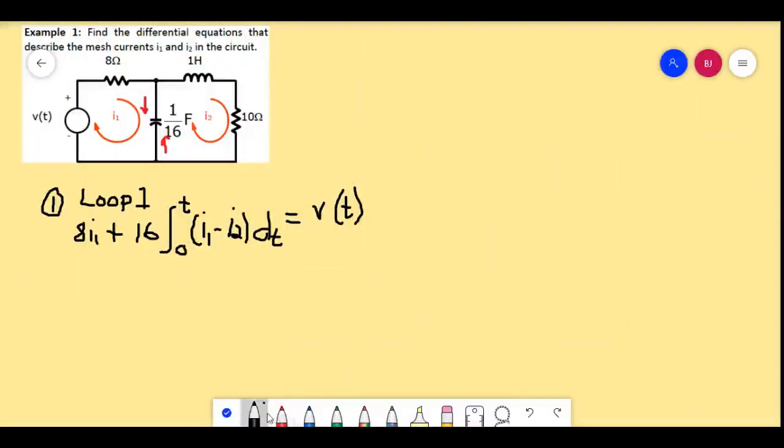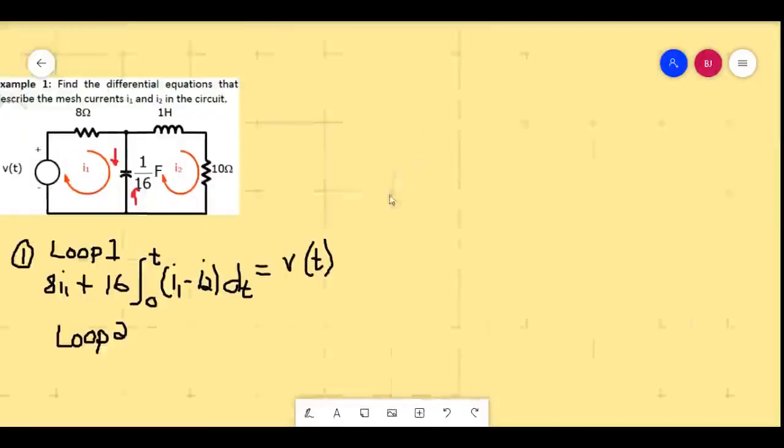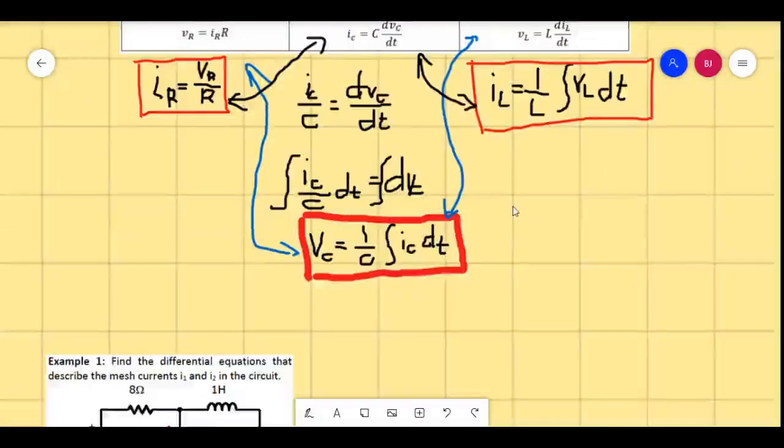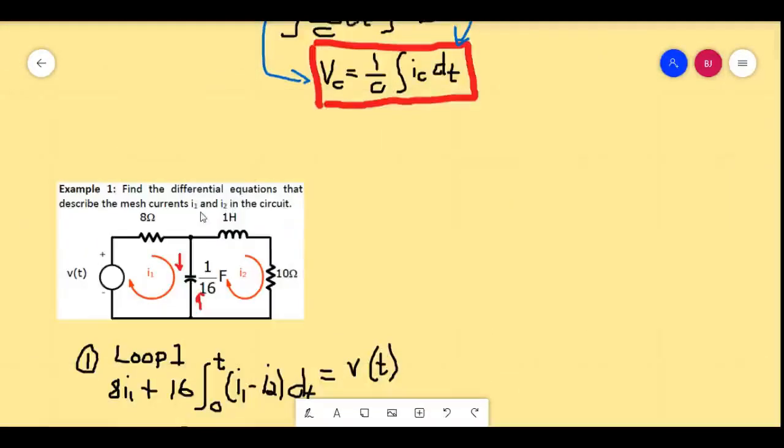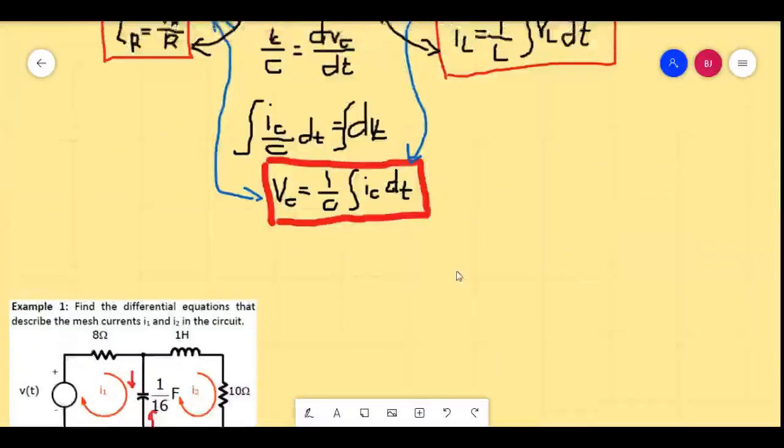Now, how about for loop 2? For loop 2, there are no voltage sources, so we could expect the right-hand side to be 0, but we have 3 components. Let's start with a simpler one, which is 1 Henry. If it is going to be represented as a voltage, it's L dI/dt.